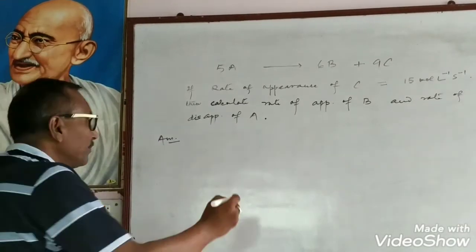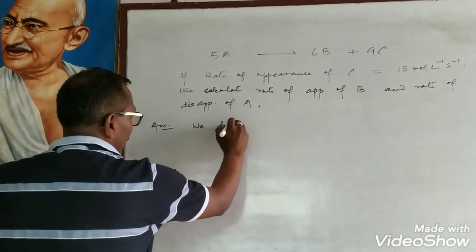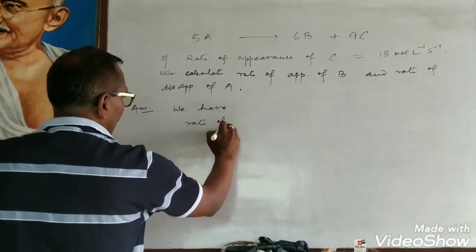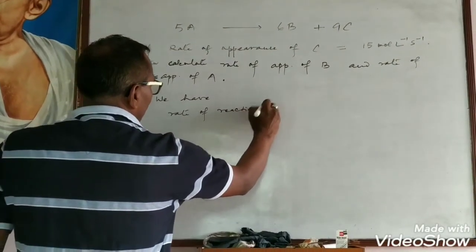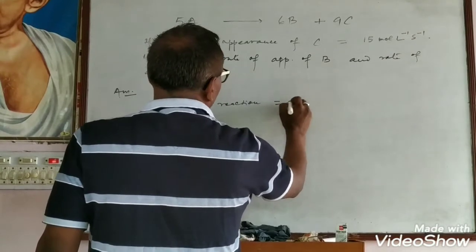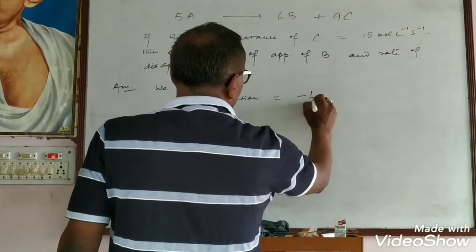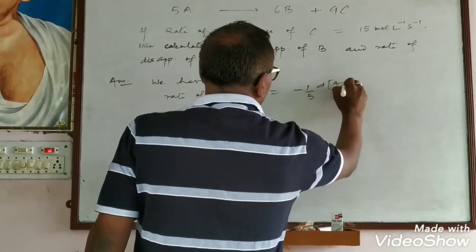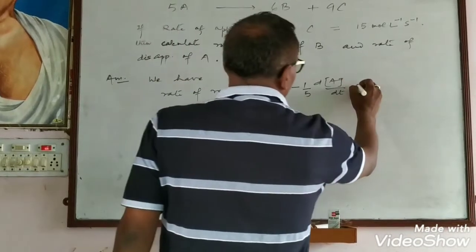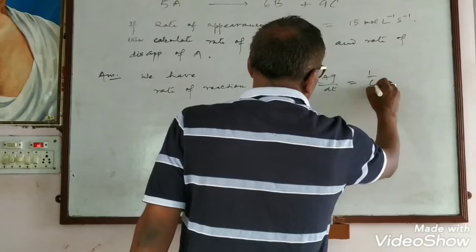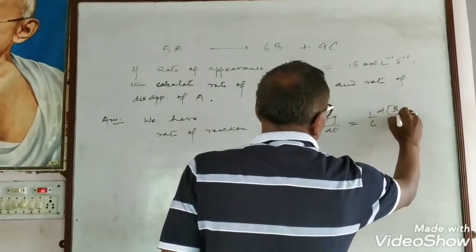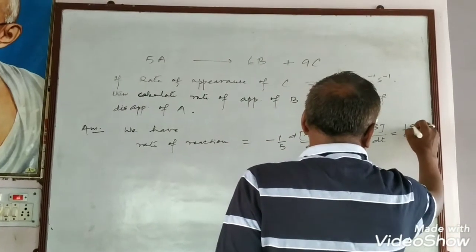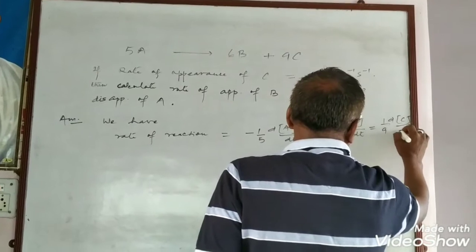Now, the solution is like this. We have a general expression for rate of reaction as: rate of reaction is equal to minus 1 by 5 d concentration A by dt, which is equal to 1 by 6 d concentration B by dt, which is further equal to 1 by 9 d concentration C by dt.